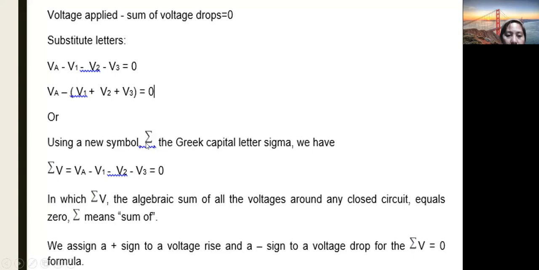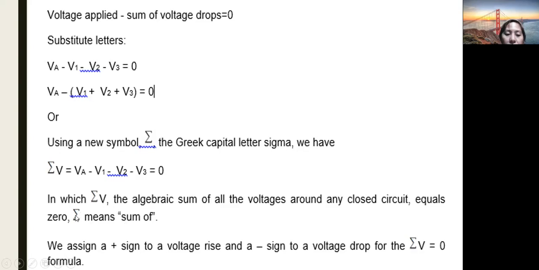Using a new symbol, a Greek capital letter sigma, we have the summation of the voltages equal to voltage applied minus the voltage drops equals 0. The algebraic sum of all the voltages around a closed circuit equals 0.